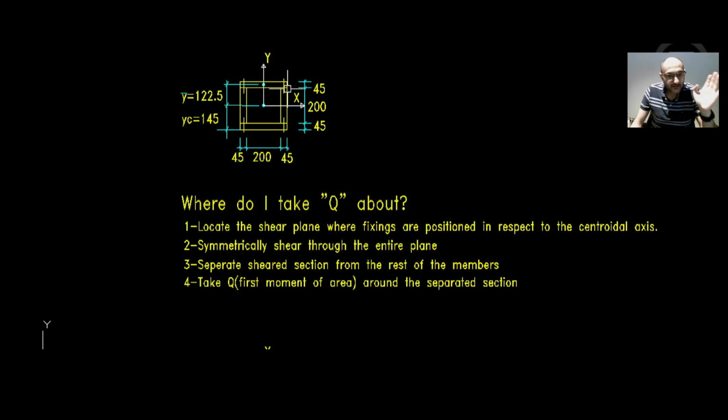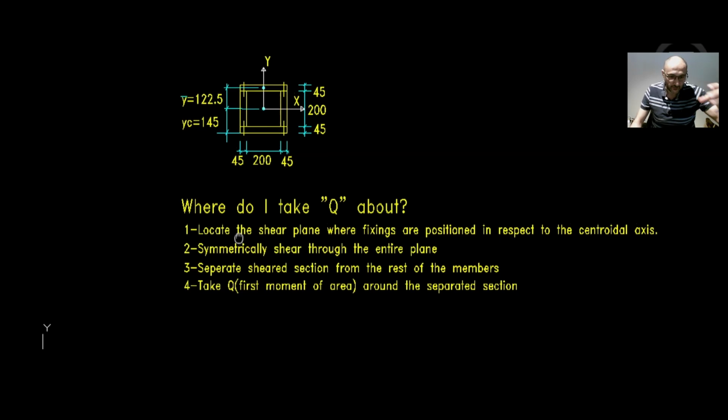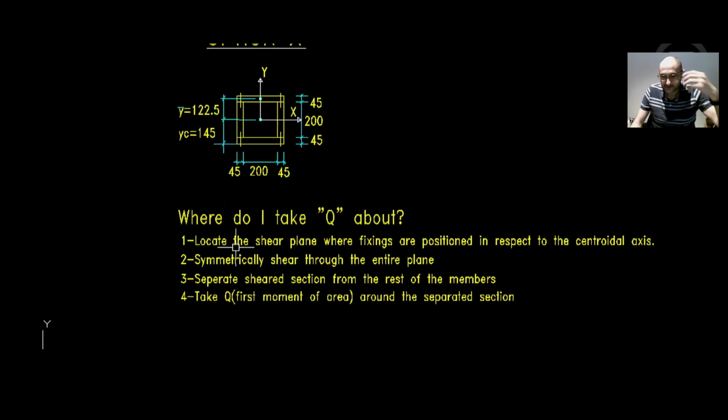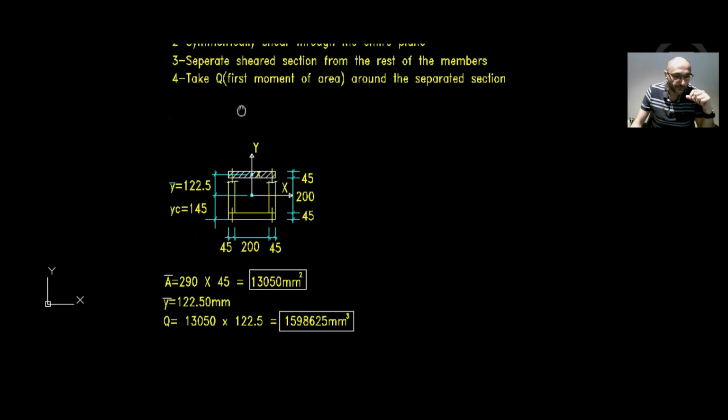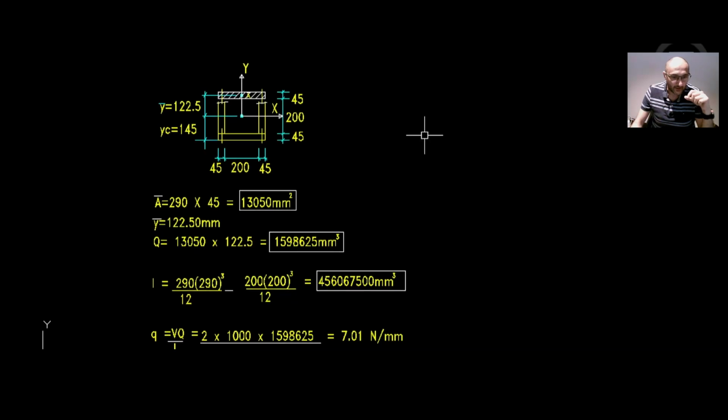Number 2, symmetrically cut through the entire plane throughout the cross section. The third step is then separate the sheared section that you sheared through from the rest of the members. And then the fourth step is take Q, the first moment of area, around the separated section. I know there's too much to unpack here, but we will go through it step by step. Now let's see how we can do this for option A.